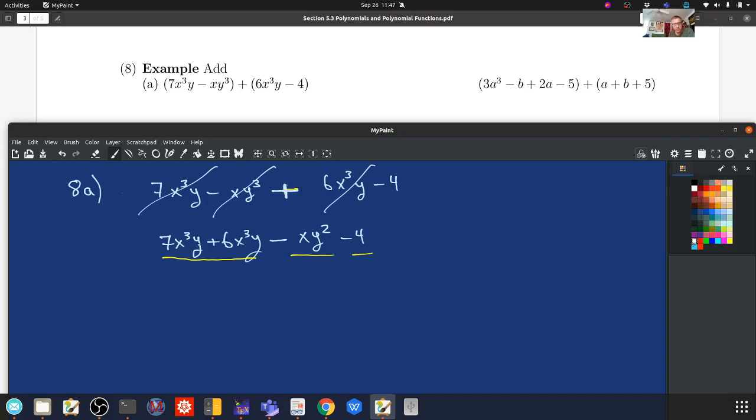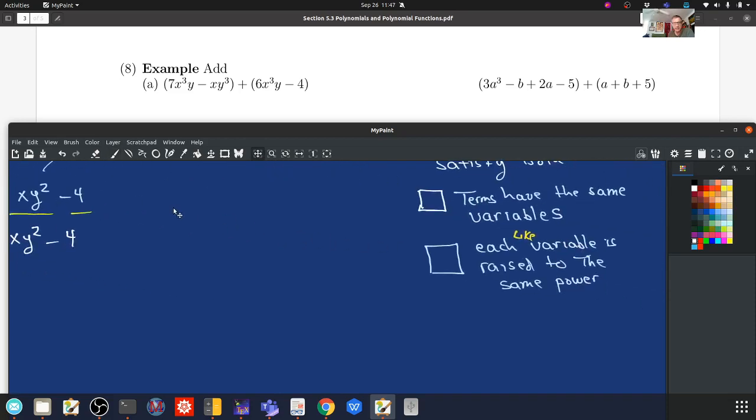So 7x cubed y plus 6x cubed y. 7 plus 6 is 13x cubed y. And since there is nothing else included in that grouping, there's only one xy cubed term, and there's only one constant term, then we're done.